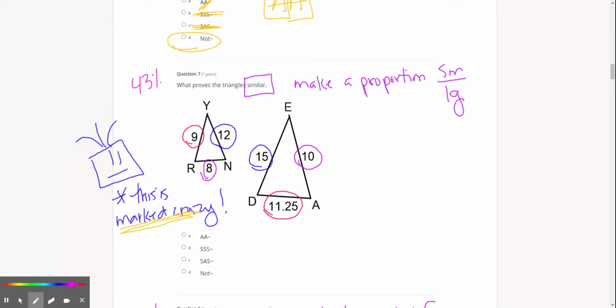Which ones are the small sides in both triangles? The purple, right? So I've got a small side here and I've got a small side here. So I'm going to do my small triangle on top, my big triangle on the bottom. And then what color is my medium side?